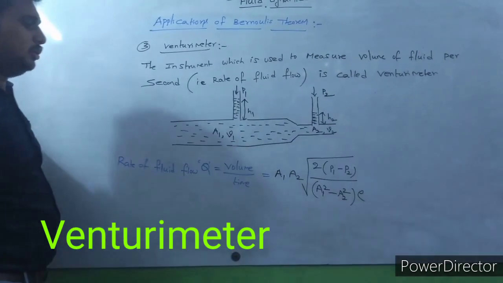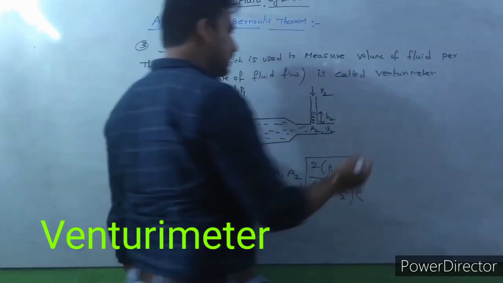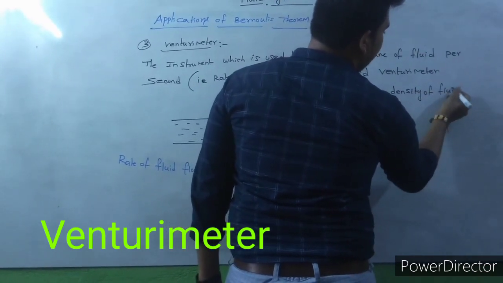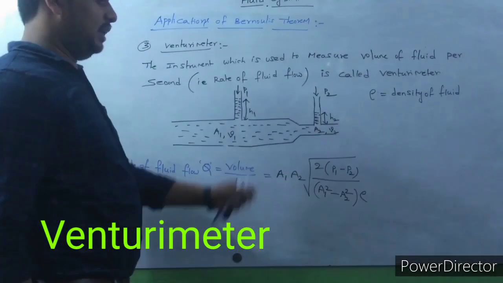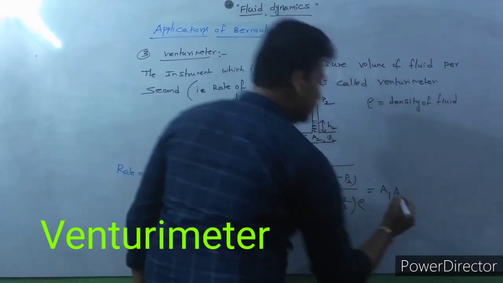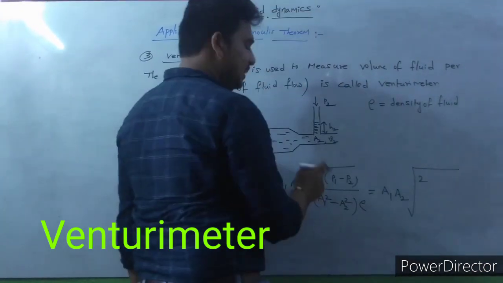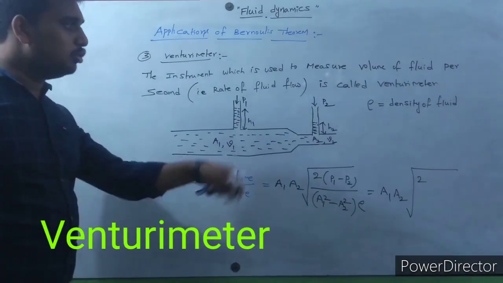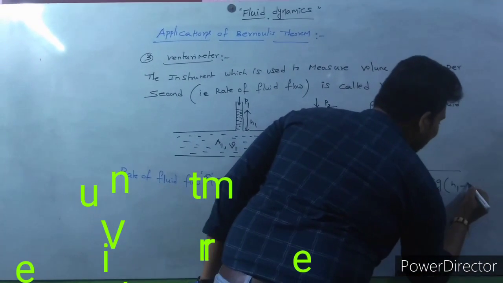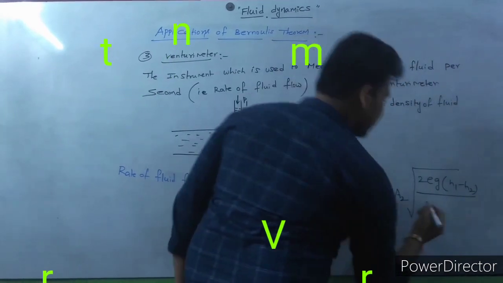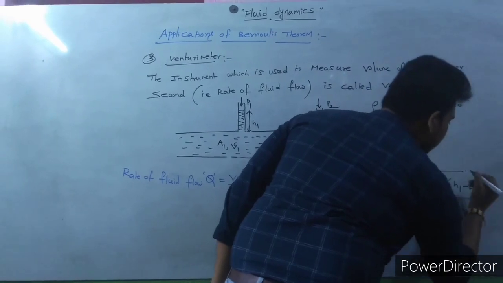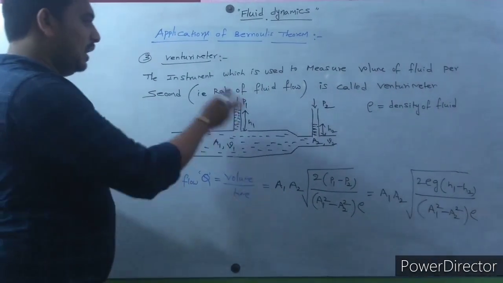Here rho means density of the liquid or fluid. This is also written as A1 into A2 square root of 2 into (rho g H1 minus rho g H2), that means rho g (H1 minus H2), by (A1 square minus A2 square) into rho.